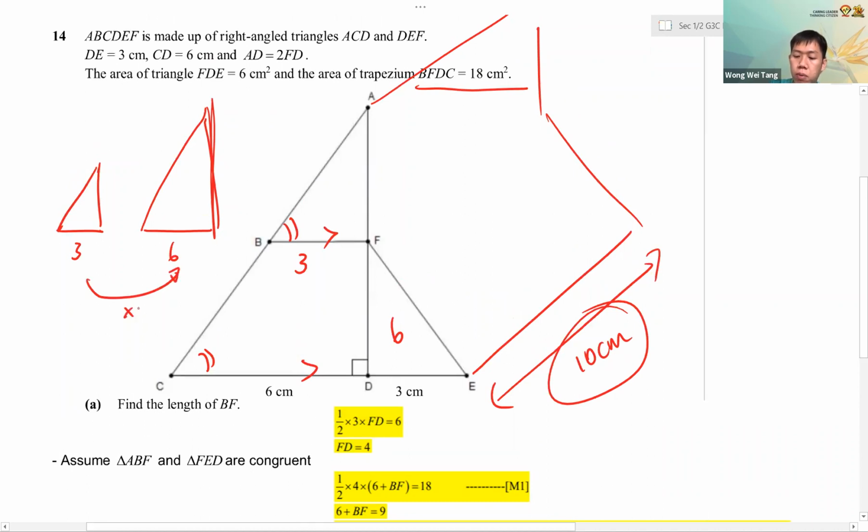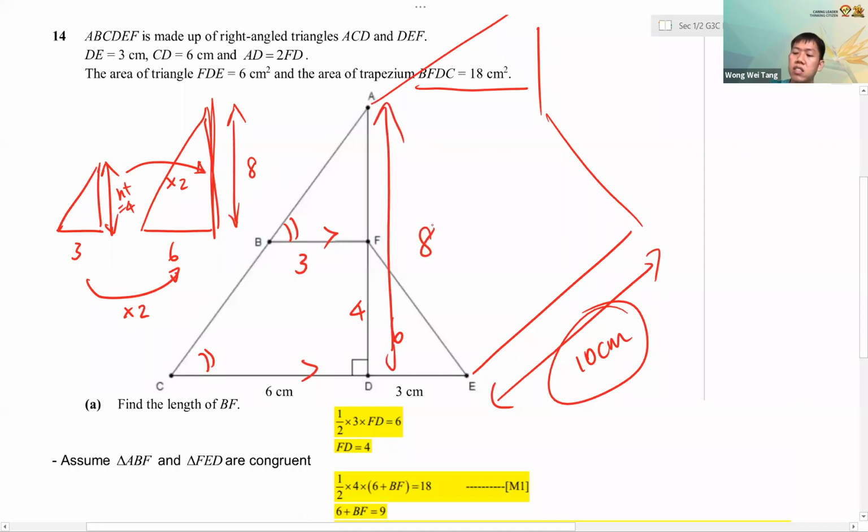You multiply by 2, you get a bigger base. Small base times 2 gets big base. So the small height, which we found is 4, if you times 2, you will get the bigger height, which is 8. So now that we know this bigger height being 8 cm, we can find the cross-sectional area.